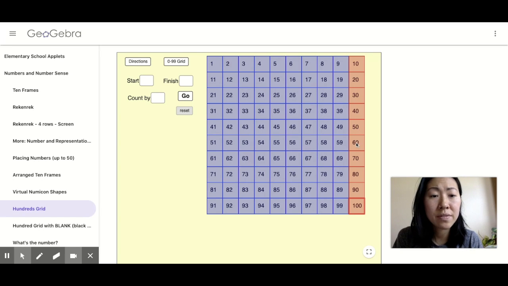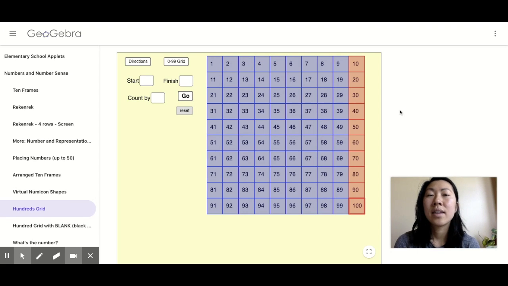Because there are no leftover ones. And we also see that if we go down the column, the tens place goes up by 1 each time. It just counts up, right? Here's 1 ten, 2 tens, 3 tens, 4 tens, 5 tens, and it keeps going up all the way until we get to 10 tens, which is 100.